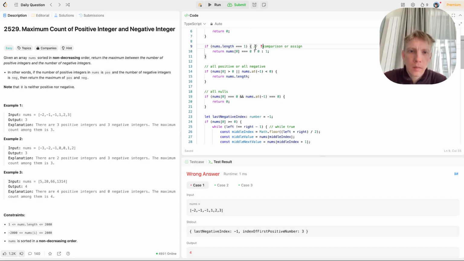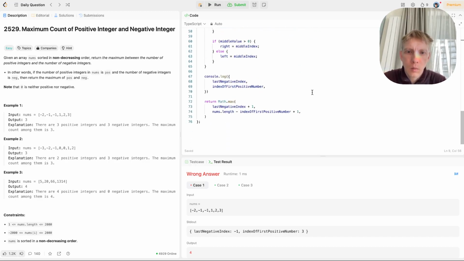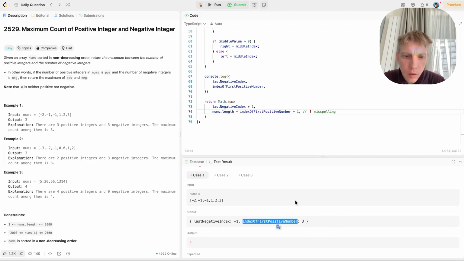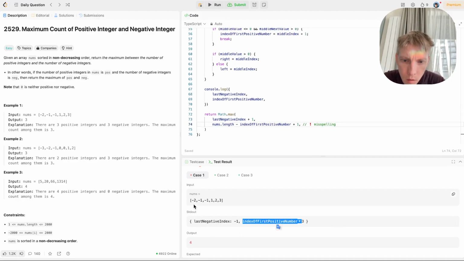My mistake. And here I had one more mistake. Index of first positive number is 3. 0, 1, 2, 3.